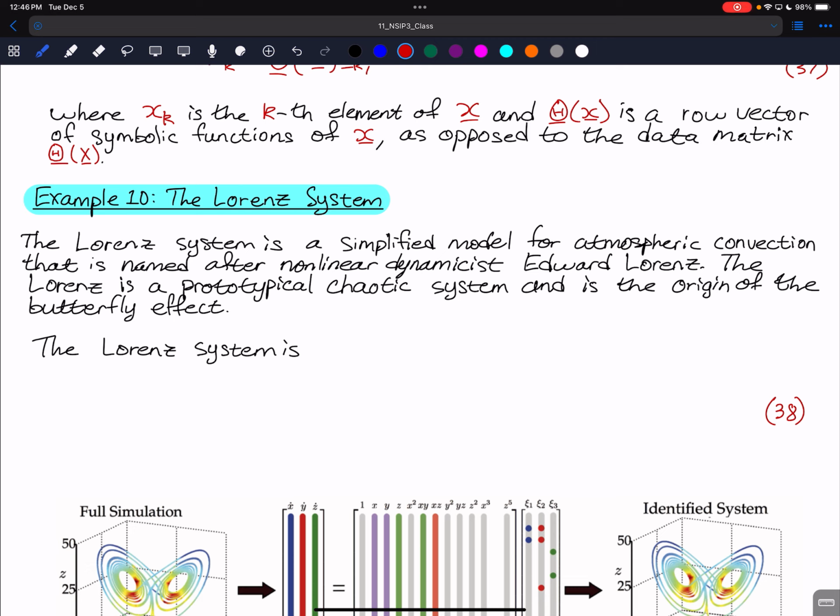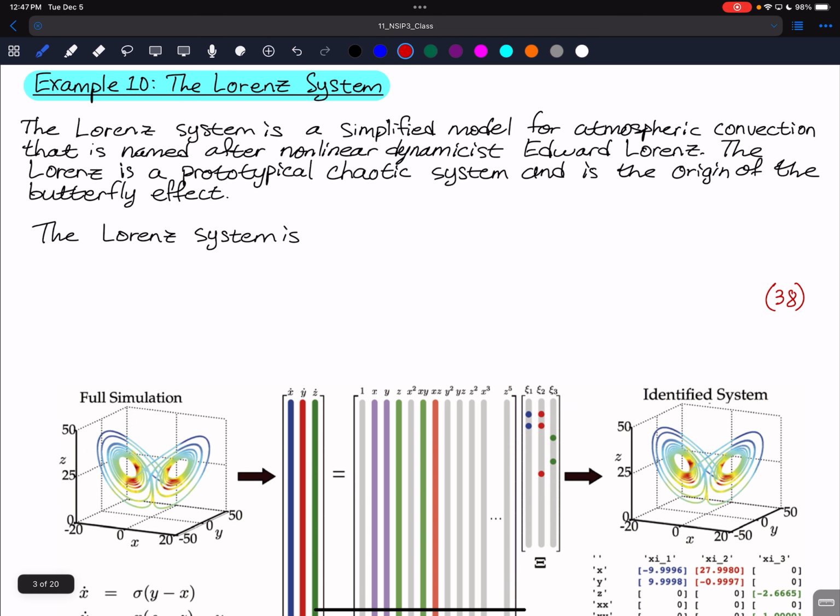And in fact, the title of the presentation or paper that Lorenz wrote on this is something like, does the flap of a butterfly's wing in Brazil cause a tornado in Texas? It's something along those lines, not exactly that, but that's what his original presentation was. All right, so it's a system of three equations. x dot is equal to sigma times the quantity y minus x.